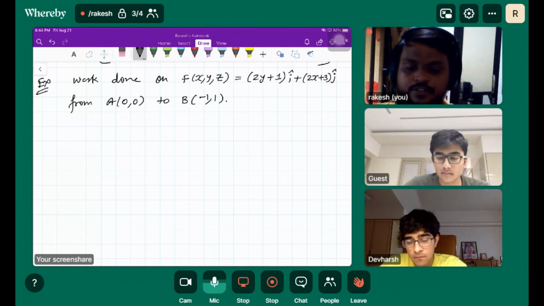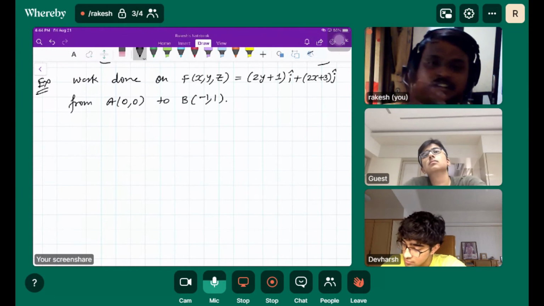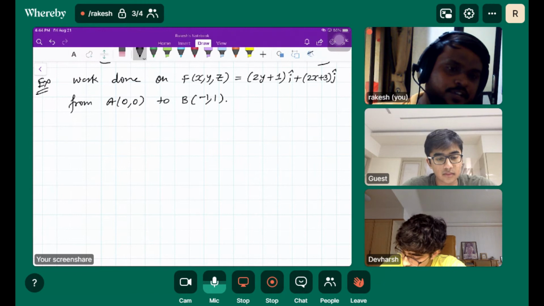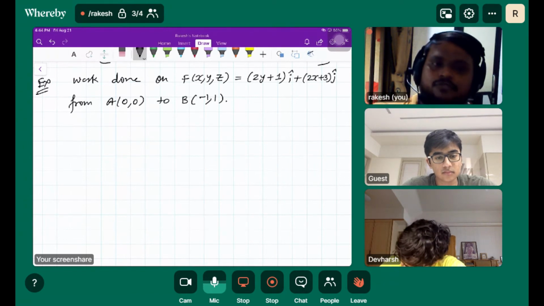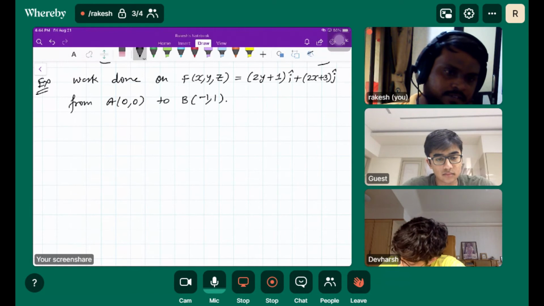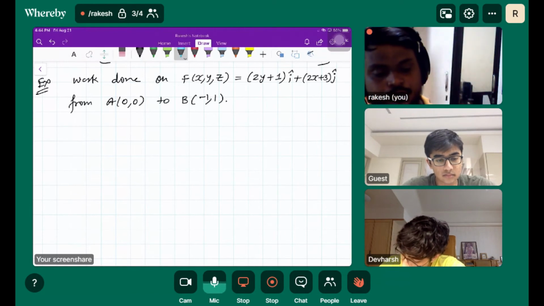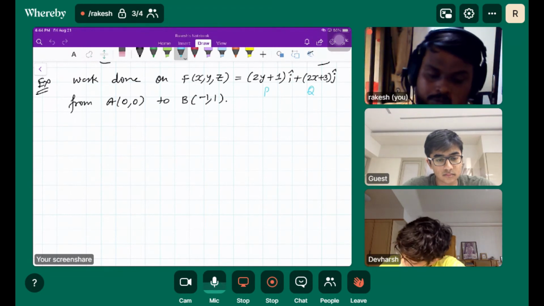And how do we show the vector field is a conservative vector field? We show the curl is 0. We find the partial derivative of the x component of the vector field with respect to y, and the partial derivative of the y component with respect to x. If they are equal, the given vector field is conservative, right? So this is the vector field. This is p, and this is q.